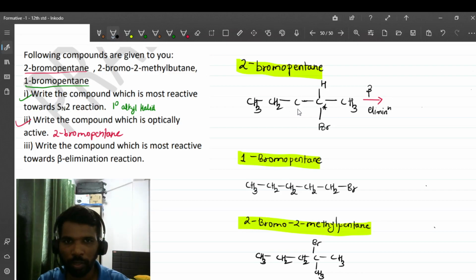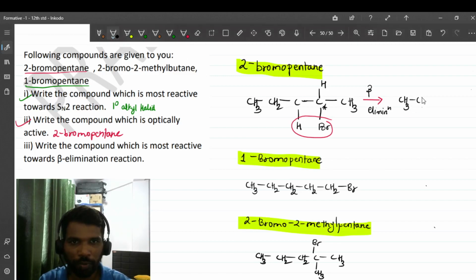This is the hydrogen, and you are going to remove this HBr. You can remove this one also, but that is not going to give you the most stable alkene. So what is the alkene you are going to have? CH3, CH2, C, there is one hydrogen here, CH double bond CH CH3.